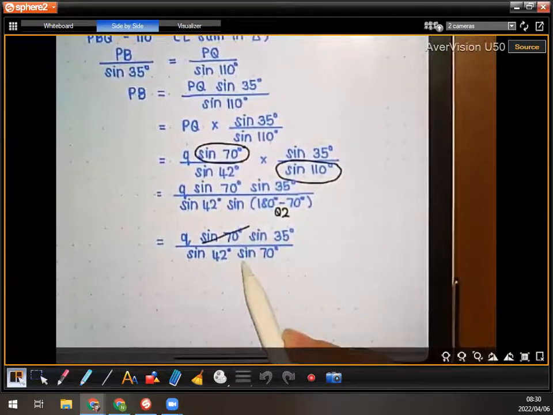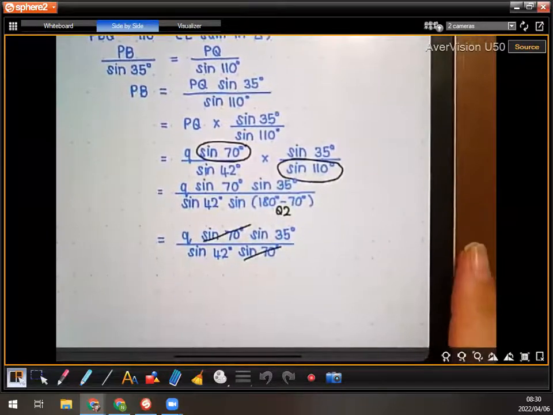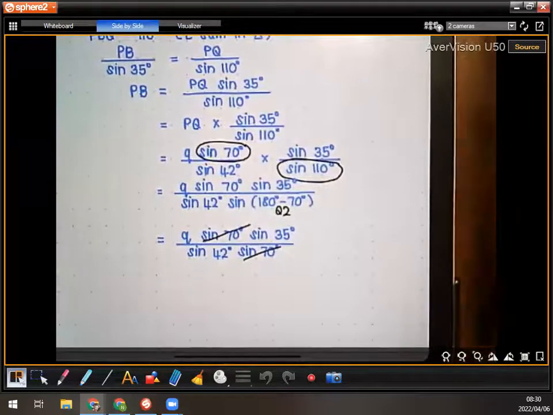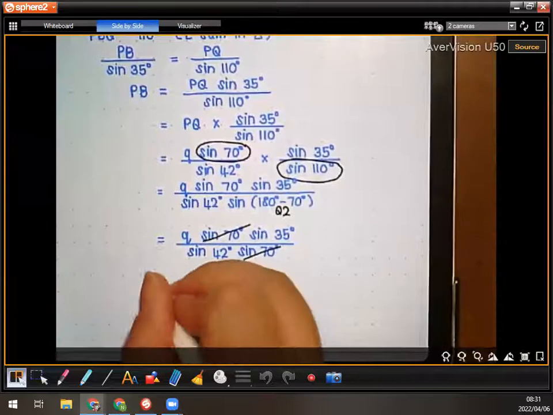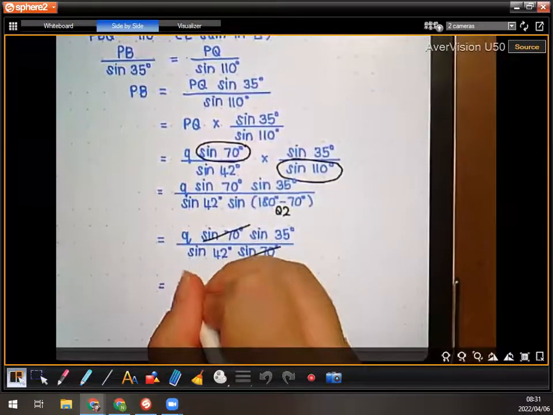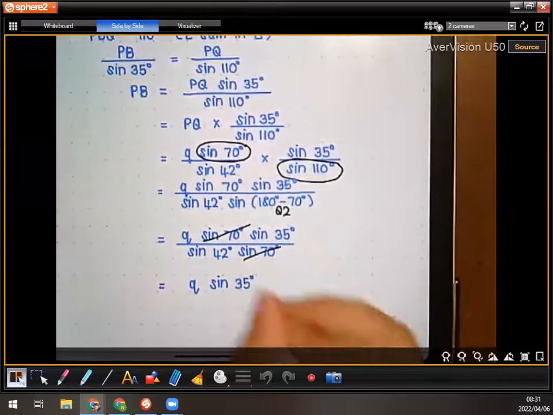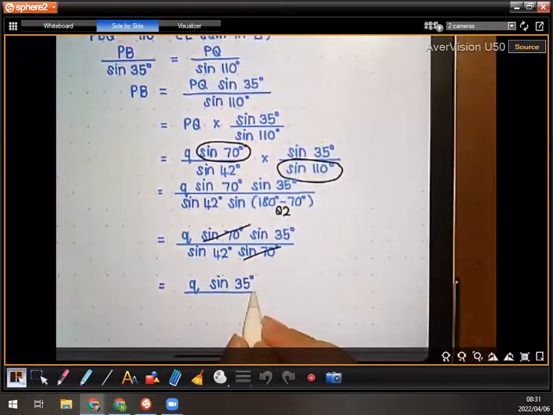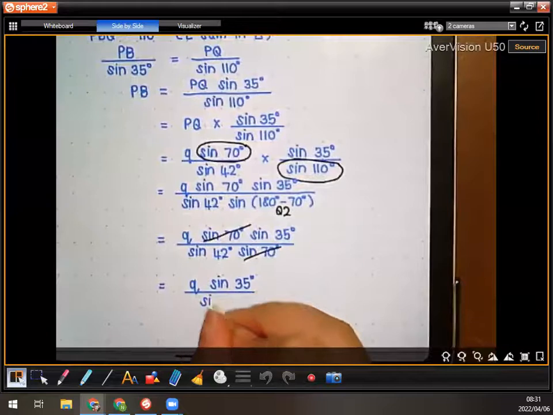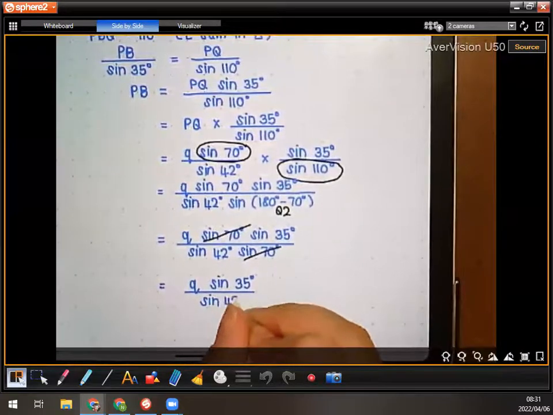Right, the sine 70 and the sine 70, you can cancel them out. So then finally you are left with what they asked you to prove, Q sine 35 over sine 42.